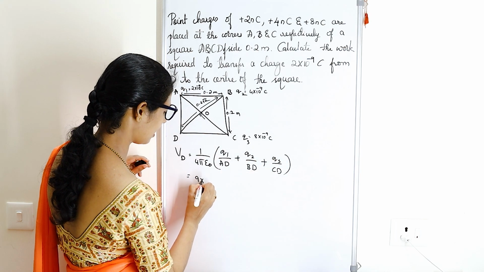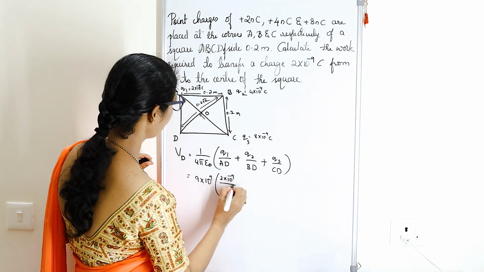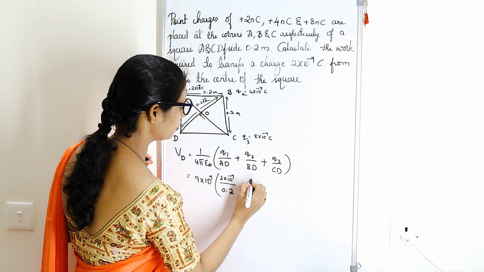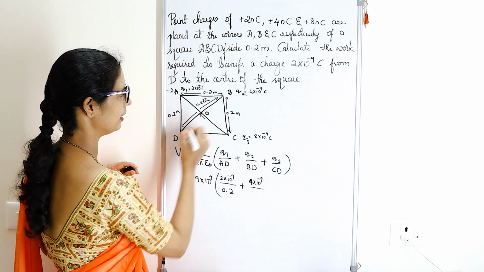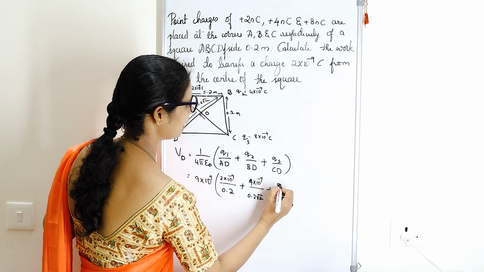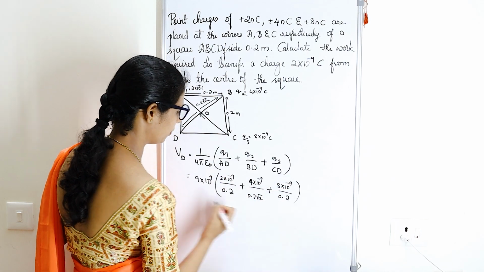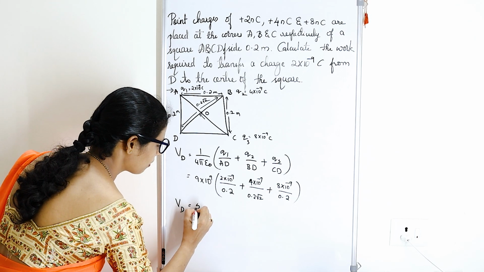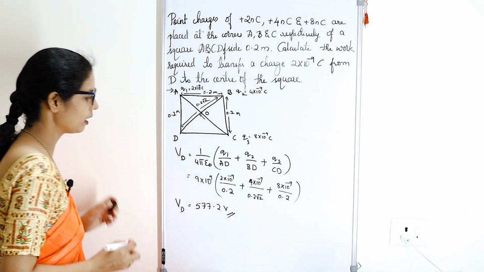Write down the values: 9 into 10 to the power of 9, Q1 is 2 into 10 to the power of minus 9, A to D is 0.2 meter, plus Q2 is 4 into 10 to the power of minus 9 divided by BD, the diagonal, that is 0.2 root 2, plus Q3, 8 into 10 to the power of minus 9, C to D, again the side, that is 0.2. Calculate and get the value for electric potential at the point D. It is 577.2 volt.